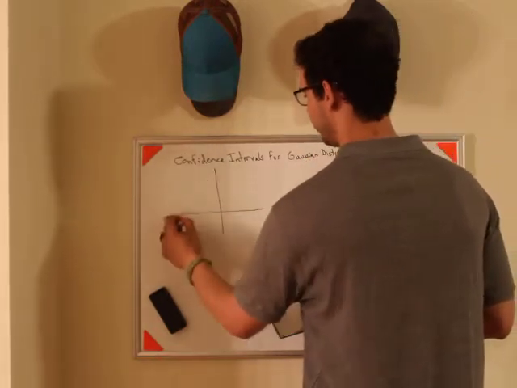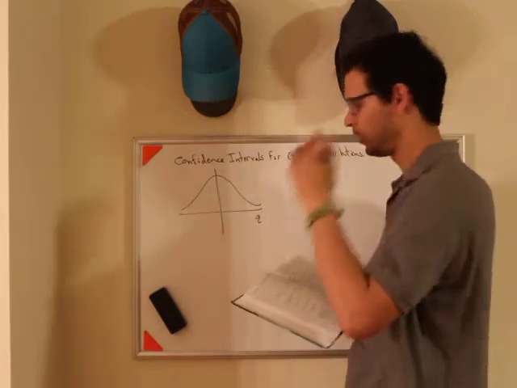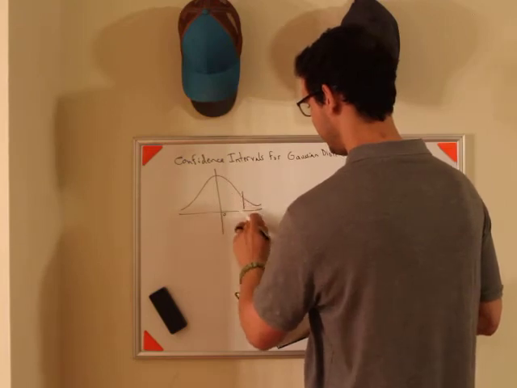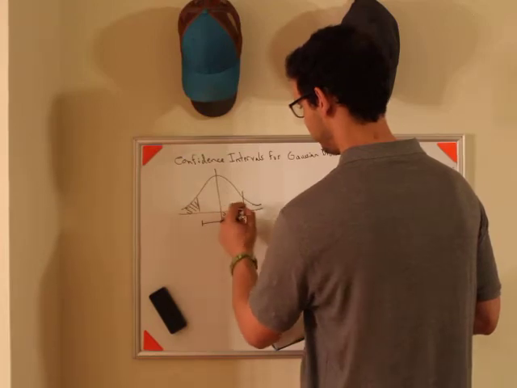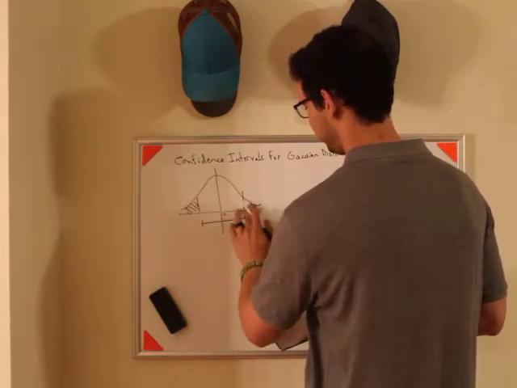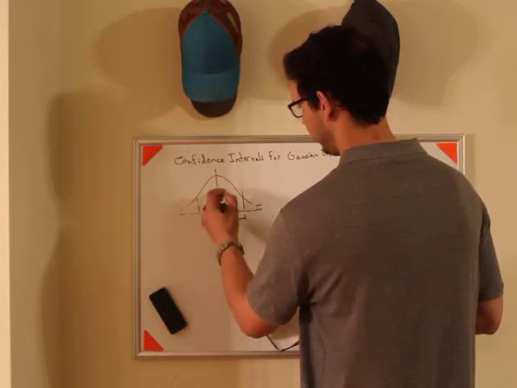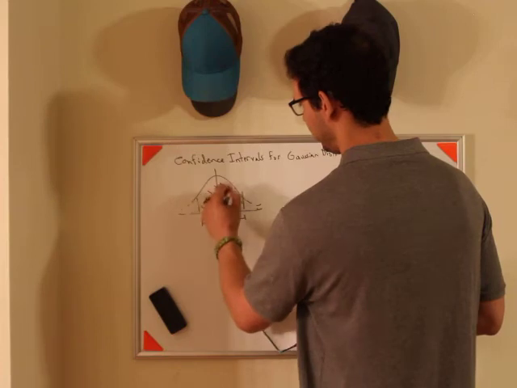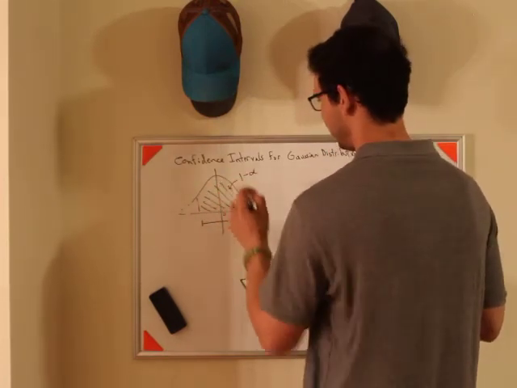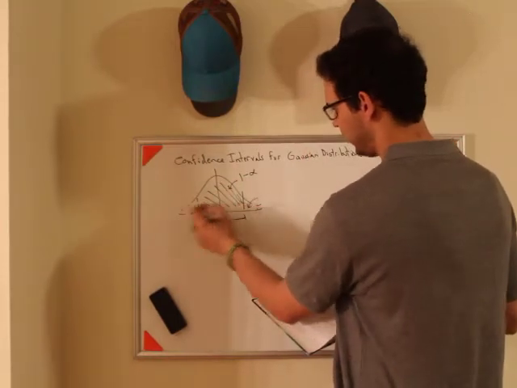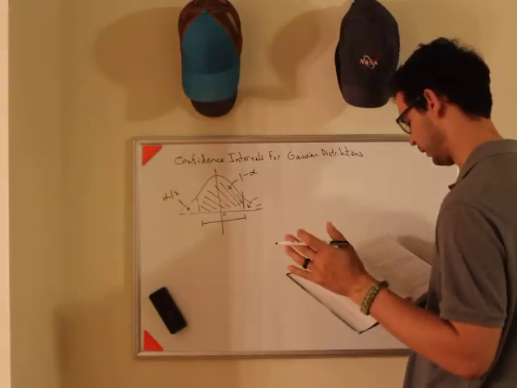So the idea is that if you have a distribution, and this is z, and this is at 0, I want to know the probability that everything falls within here with a certain confidence interval of 1 minus alpha. And the area here and here is alpha over 2. This notation is kind of weird, but basically it looks like this.